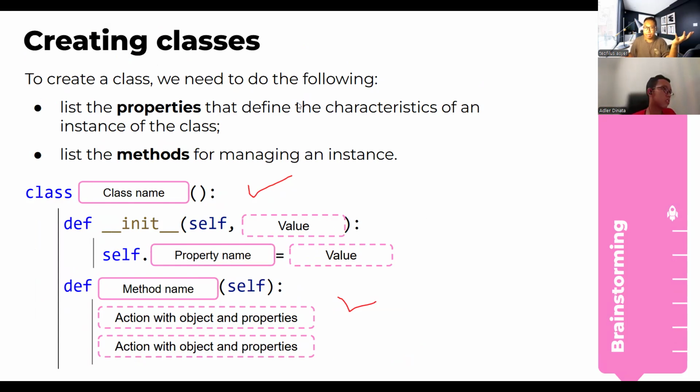The def init stands for the properties. So if you want some features in your programming, you have to attach them in def init. And the other def is for the methods, and there will always be more than two in total, so there are a lot of functions that you have to write. But the minimum is always two: the first one for properties and the second one for methods.